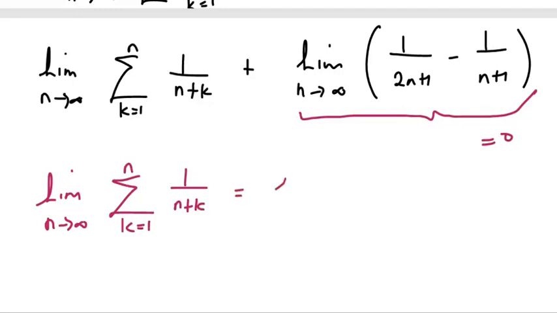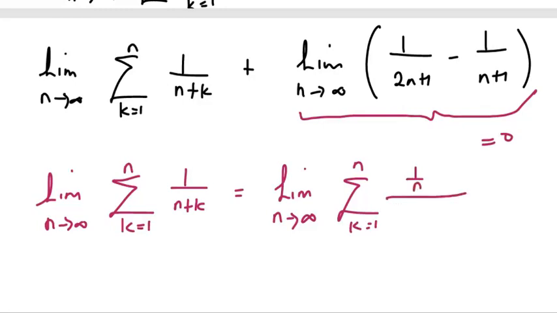Now we're going to divide the numerator and the denominator of the sum by n. If you do that, we get the sum as k goes from 1 to n of 1 divided by n, divided by n plus k divided by n.